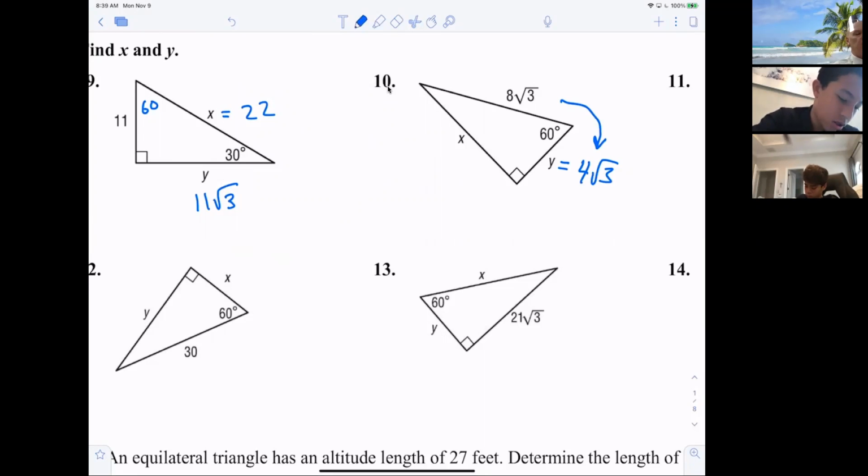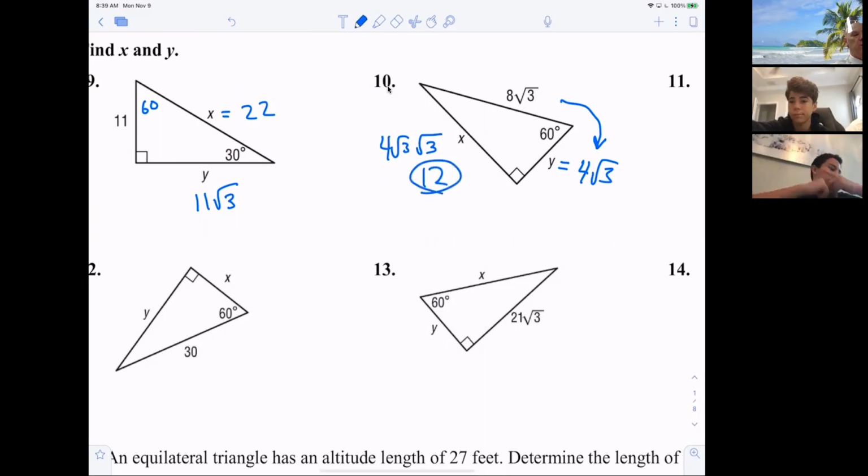Now to get to x, I'm taking 4 radical 3 and what? Multiplying it by what? Radical 3. And again, what's radical 3 times radical 3? Times 4. There you go, guys. All right, this is just, do you understand radicals and do you remember radicals?